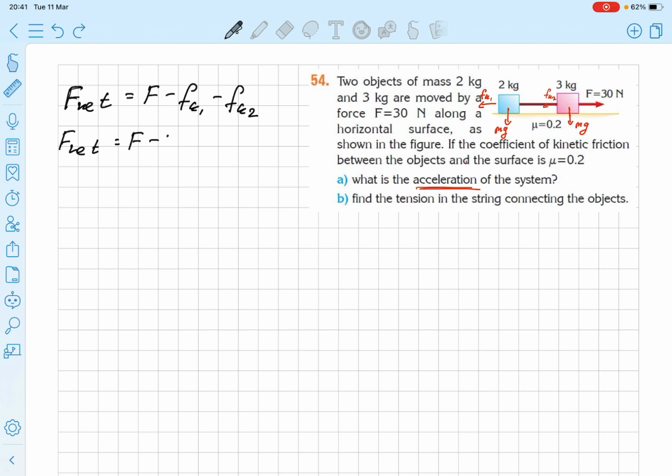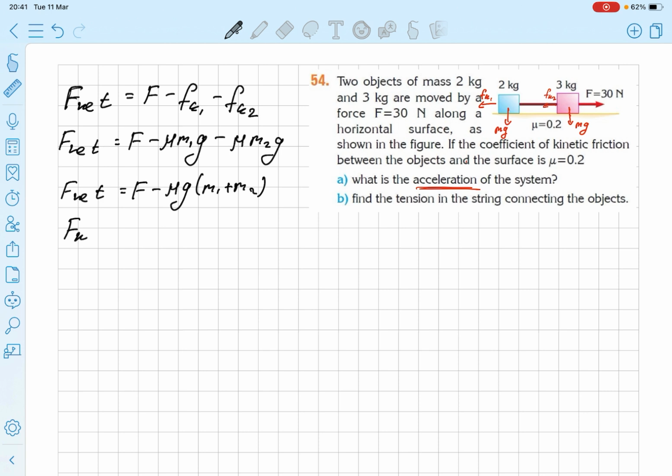It will be mu times m1 g minus mu m2 g, yeah, two different masses. So F net will be equal to F minus, here I can take mu g out of the bracket, m1 plus m2 in the brackets, yeah. That's it.